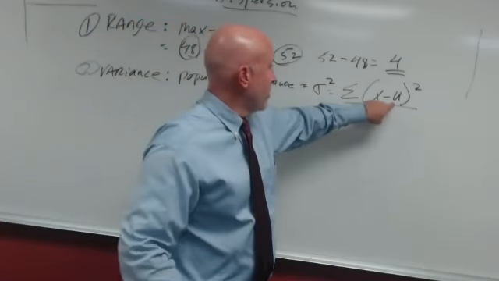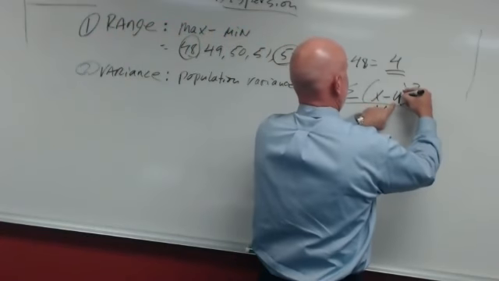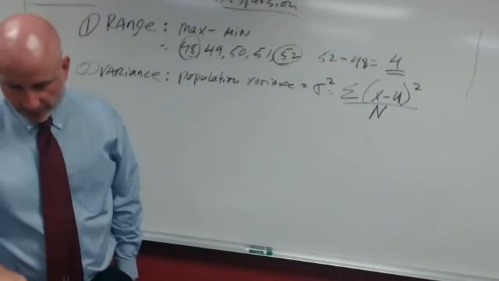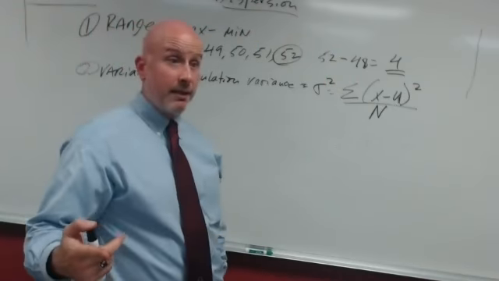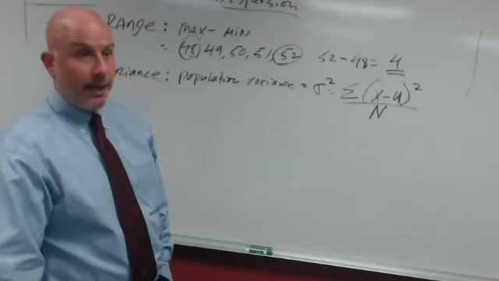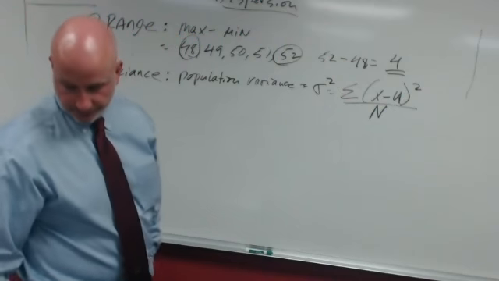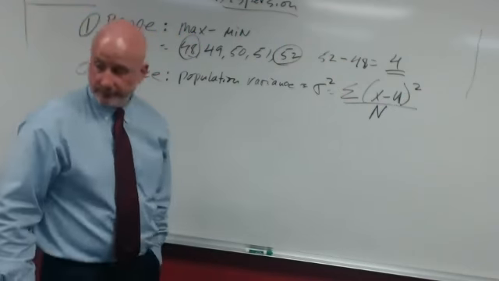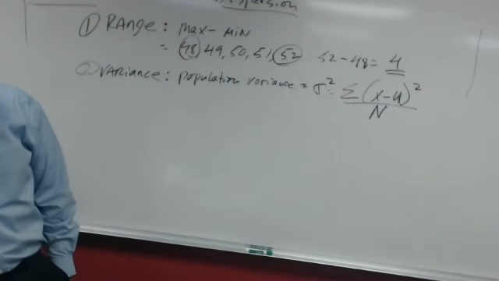What's the mu reference? The arithmetic mean, from the prior video. And the capital N is the number of observations.